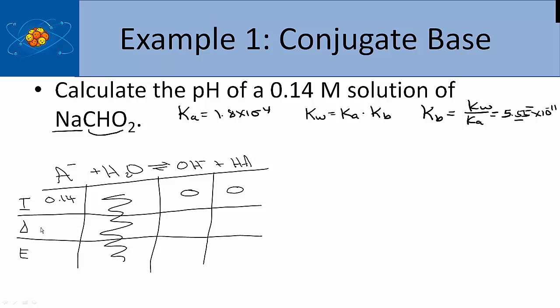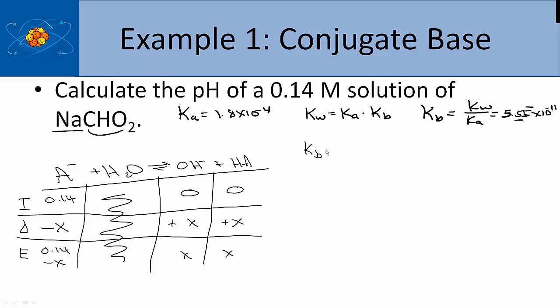We know it's going to go to the right because I don't have any weak acid or hydroxide, and I'll get plus X on the right. So I have 0.14 minus X, X, and X. Now, plug that into my Kb expression.